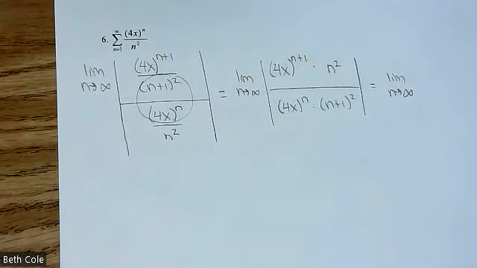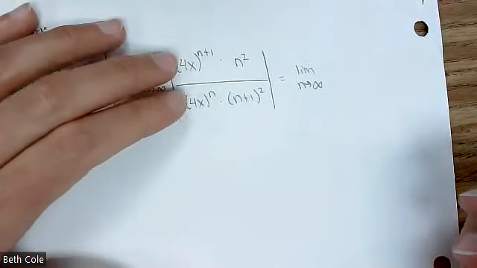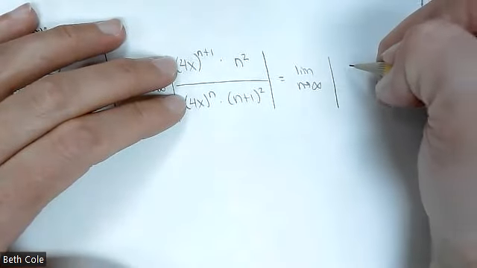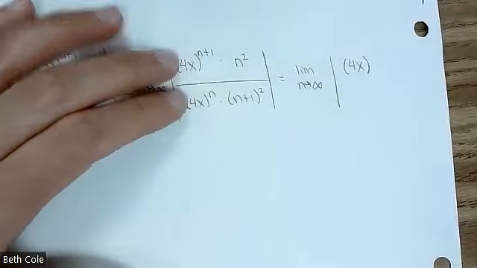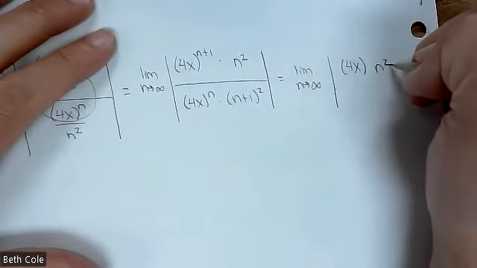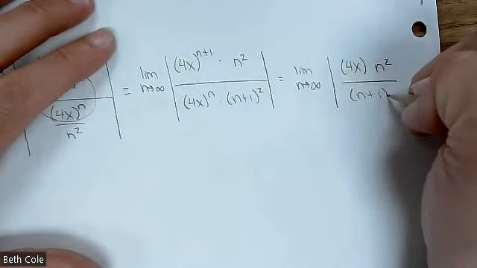And then we're going to try and cancel some stuff. So all the 4x's are going to cancel except for one of them. It'll be on the top. And then you really can't do anything with the n's. It's just going to stay n squared over n plus 1 squared.